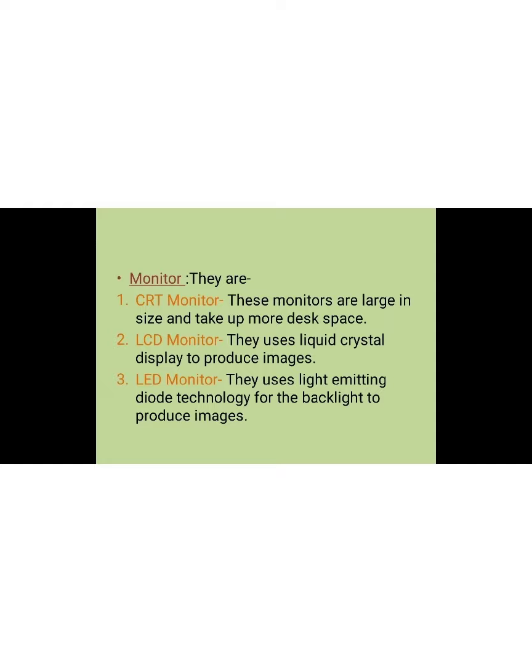We also have 3 types of monitors. First, CRT monitor. These monitors are large in size and take up more desk space. Second, LCD monitor. They use liquid crystal display to produce images. And third, LED monitor. They use light emitting diode technology for backlight to produce images.